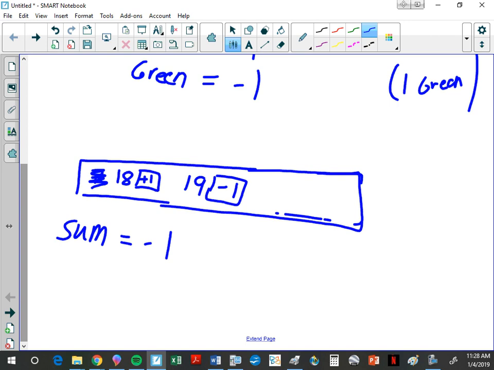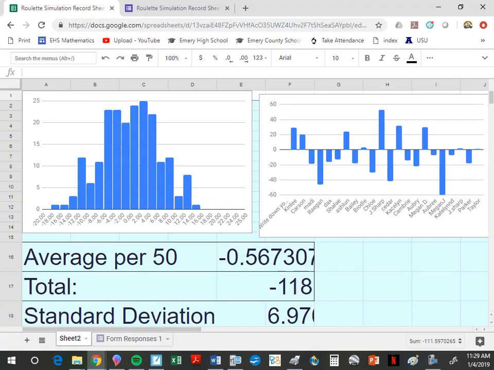Okay, so what does the sum of the box mean? That is the expected loss when we draw how many times? 37 times. We are expected to lose $1 every time we draw 37 times. Now, is that going to happen to everybody? Obviously not, because we played this game thousands of times, and some people ended up winning.